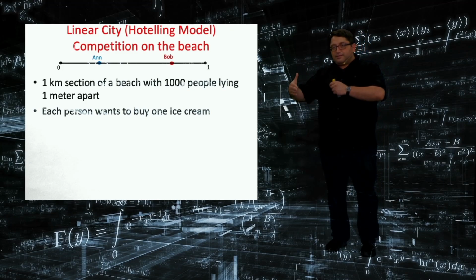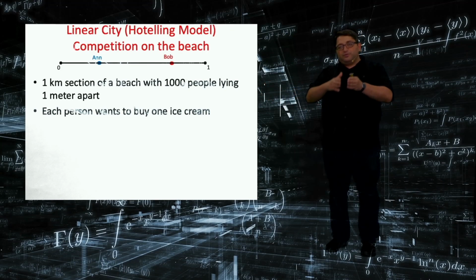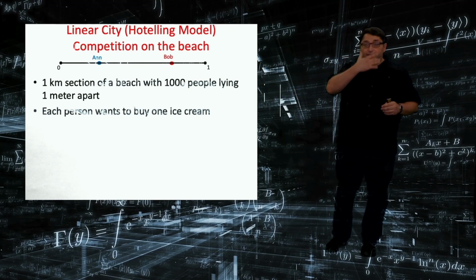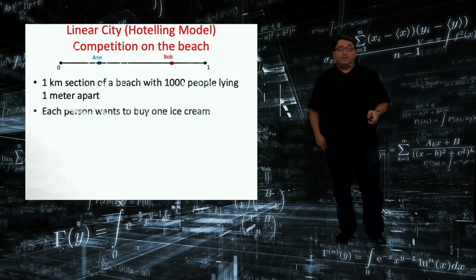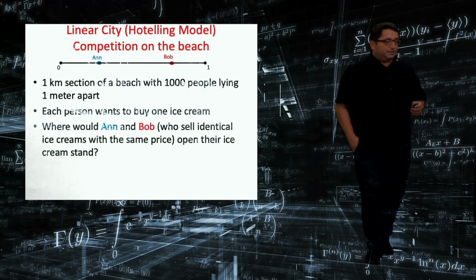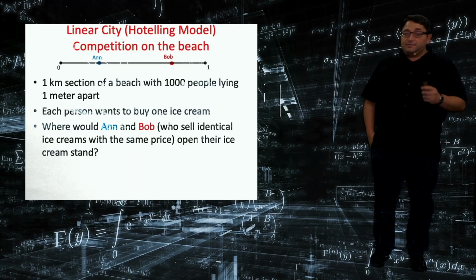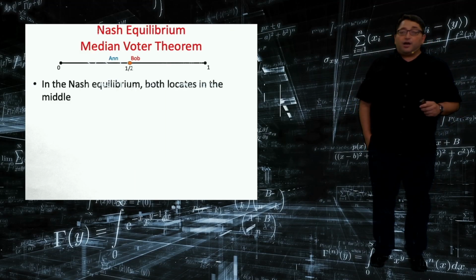And there they will stop, because if one player goes any further, he's going to get less than half of the consumers. So they will both be in the middle and they will share the market equally. That will be the Nash equilibrium outcome.